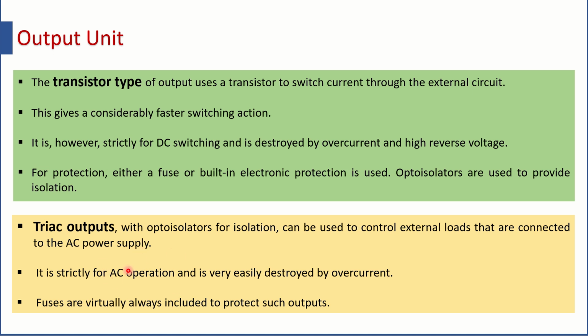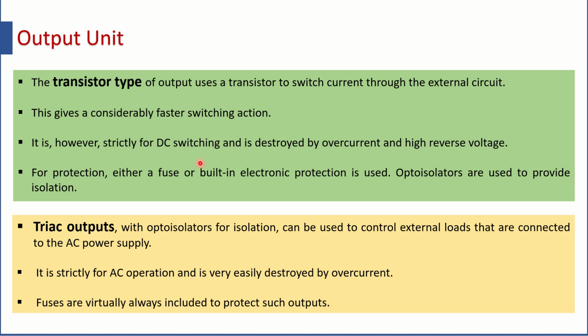It is strictly for AC operation and can be destroyed by overcurrent, so fuses are virtually always included to protect such outputs. If your PLC has triac outputs, be sure to use fuses. Otherwise, if overcurrent occurs, your triac will be immediately destroyed.